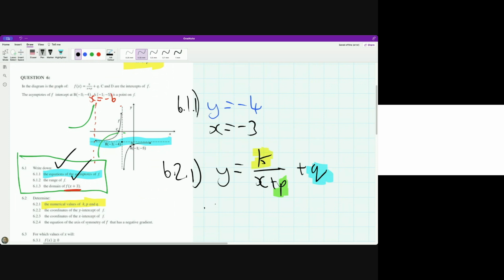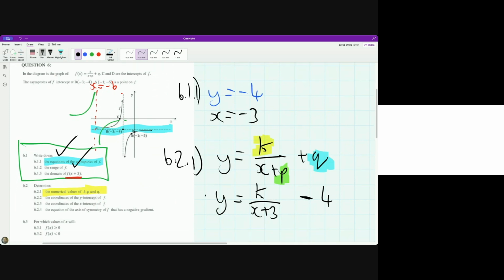And the green and the blue one are actually quite simple. All you need to do for the blue one is look at what is the blue line here. It goes through -4, so this is going to be -4. The K we don't know, but the -4 comes from the horizontal asymptote. Now over here, I need to make -3 undefined, so this is going to be x plus 3.